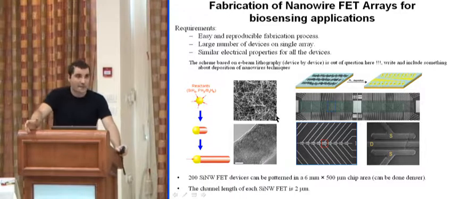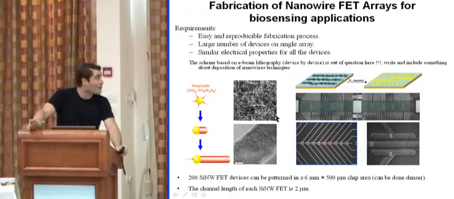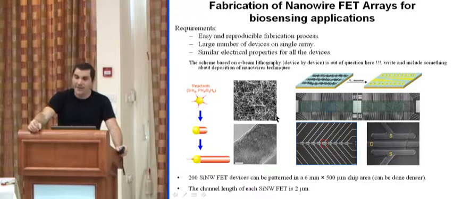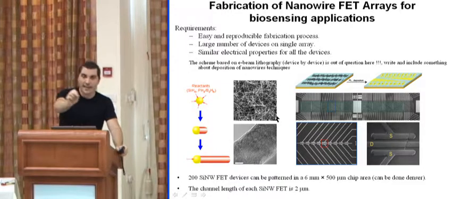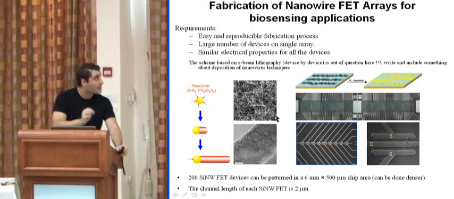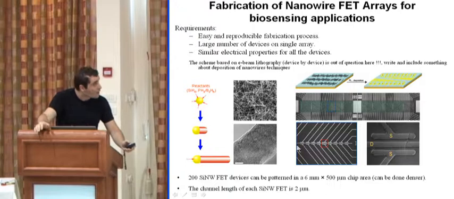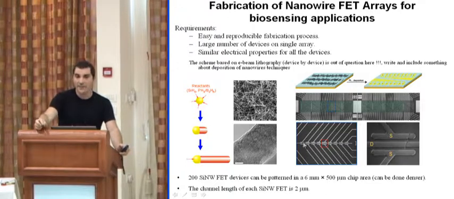This is one of the most critical steps here: how to manipulate the nanoscale materials, locate them exactly in the areas where I want and at the density that I want, so that each one of the 200 or 400 devices in very small areas has at least one nanowire in between the source and the drain electrodes.